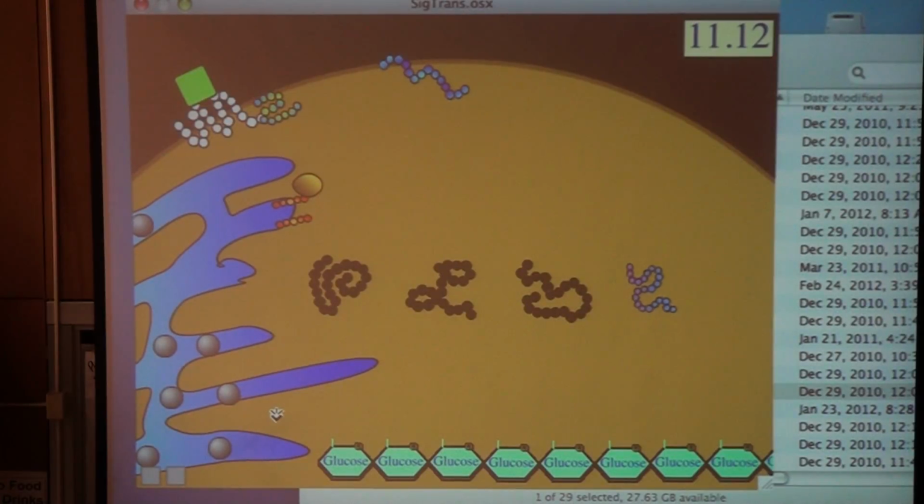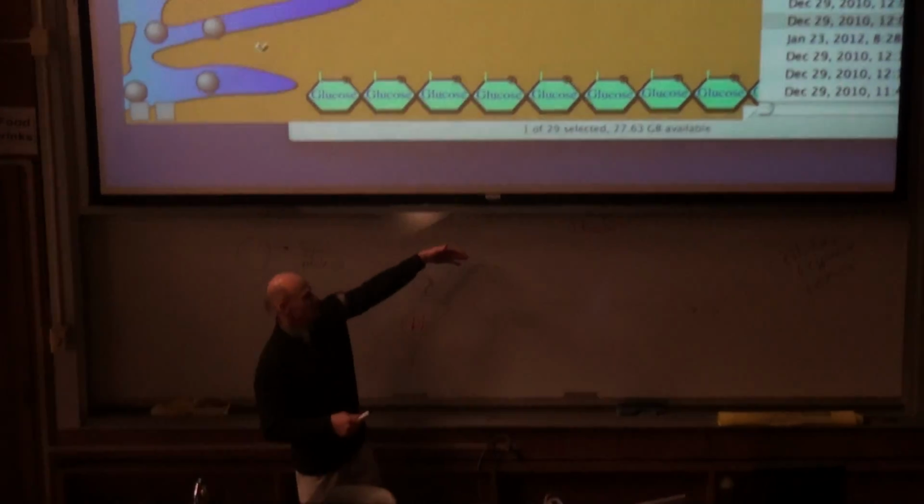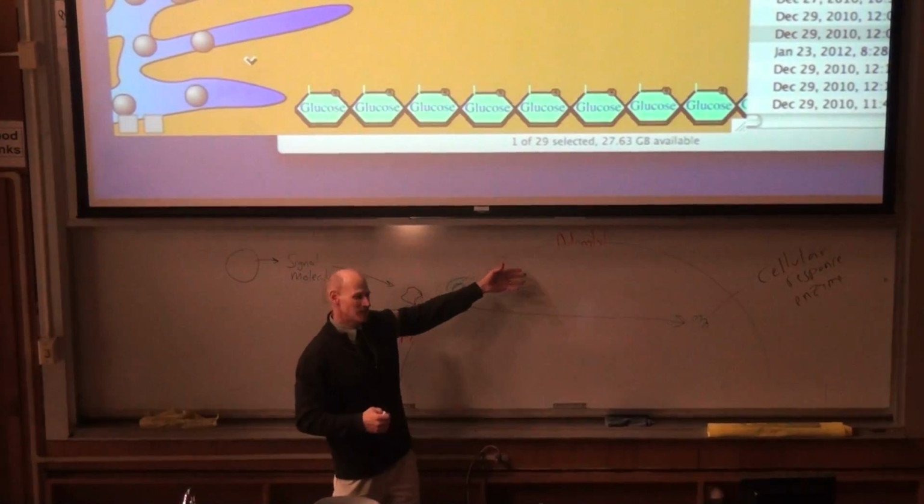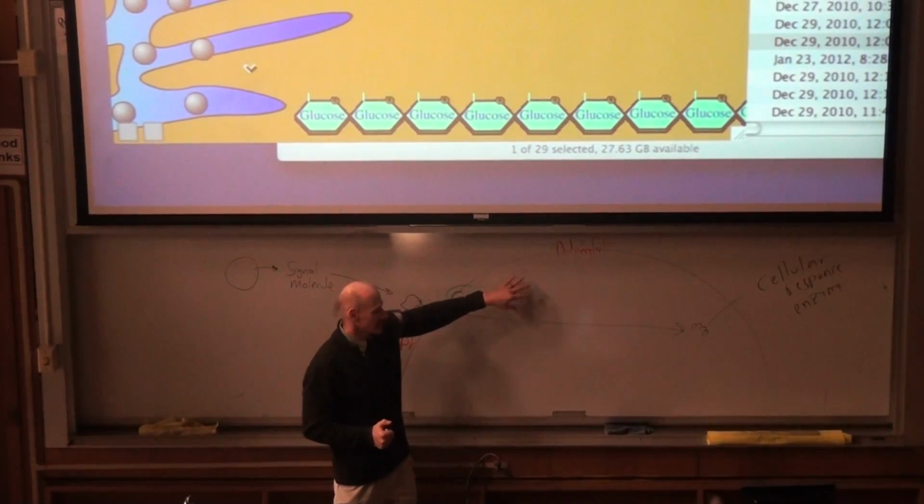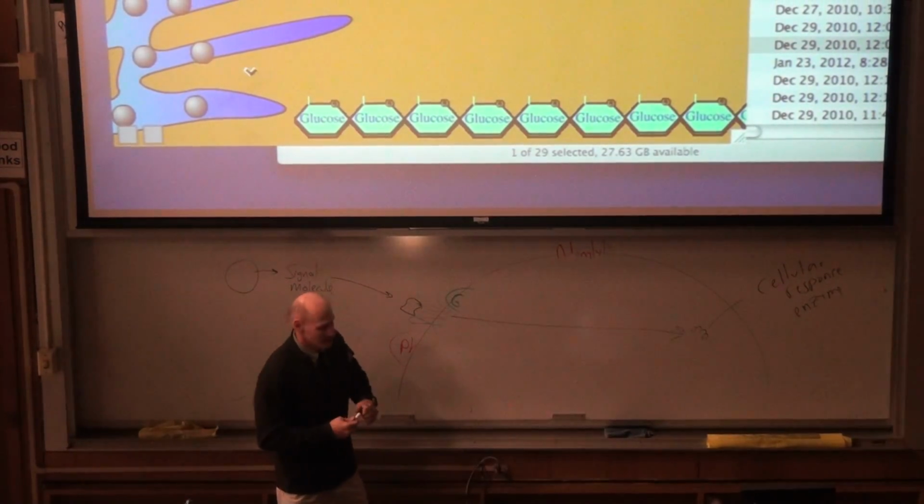If you were wanting to make things simple, you could say, why doesn't the cellular response enzyme just get directly activated from the receptor? Wouldn't that make the whole world nicer if this receptor somehow just went right to the cellular response enzyme and turned it on? Why go through relay protein number 1 and relay protein number 2 and second messengers and yada, yada, yada to finally get to the cellular response enzyme?